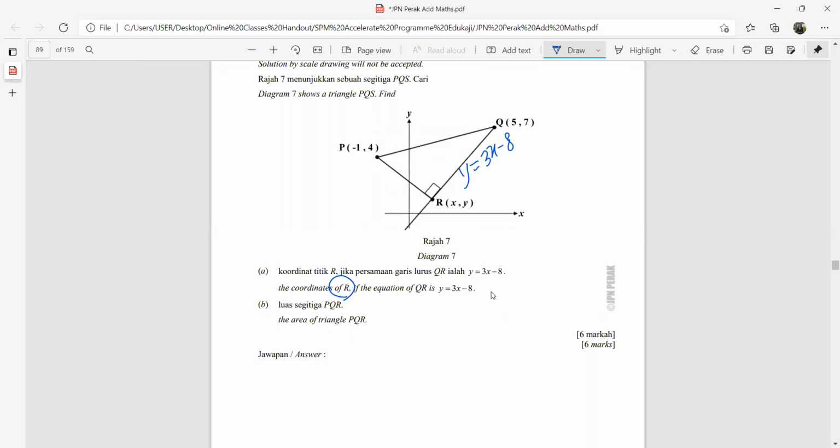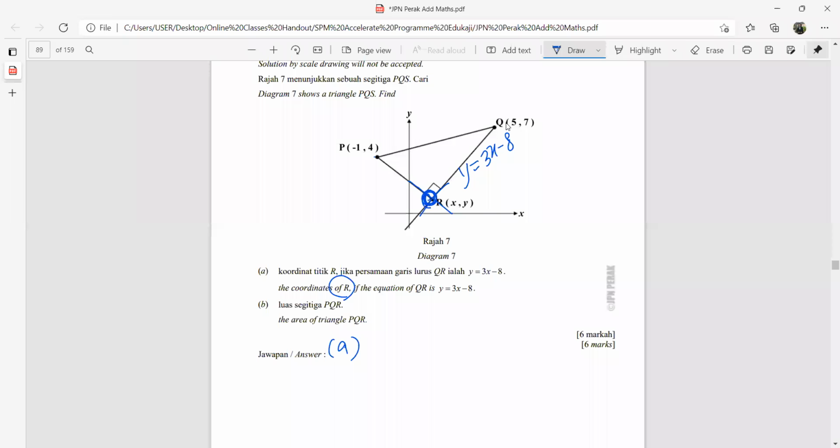They give you the equation, so they want you to solve for the coordinates. You all can hear, right? Enki also got the answer. It's perpendicular, right? So you have to find another line and solve the simultaneous equation, because it's the intersection point.